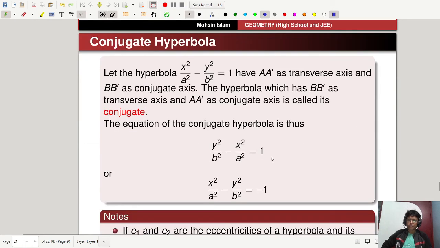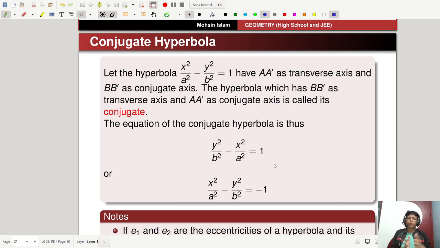And conjugate hyperbola. Let the hyperbola have a as transverse axis and b as conjugate axis. The hyperbola which has b as transverse axis and a as conjugate axis is called its conjugate. That means the axes are changed: transverse is changed into conjugate, and conjugate into transverse.